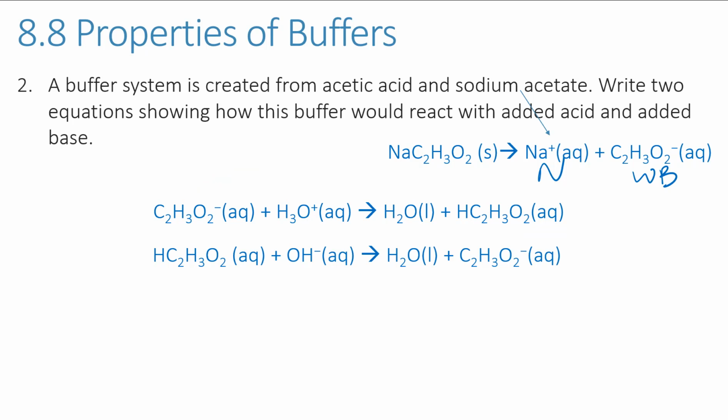On the other hand, if you have acetic acid and it reacts with base, that base is going to accept an H+, again forming H2O, and will form, this time, acetate. So there are some components in this buffer from the sodium acetate. That acetate will neutralize any added acid, whereas the acetic acid would neutralize any added base.